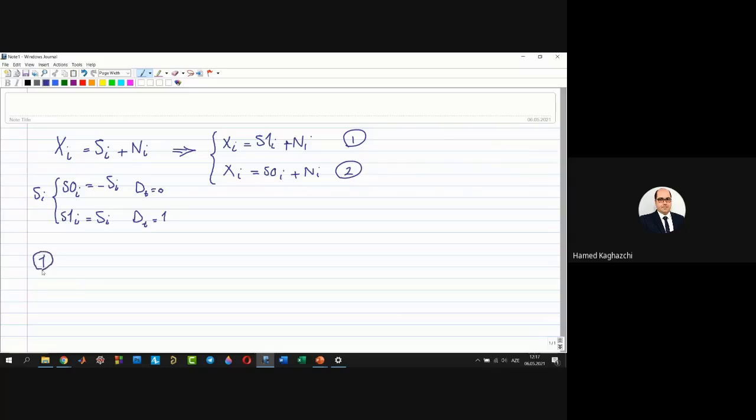In case 1, I want to find the output of the matched processor. What was the formula? The formula was that V is equal to the summation of Si Xi, when i changes from 0 up to Nx minus 1.